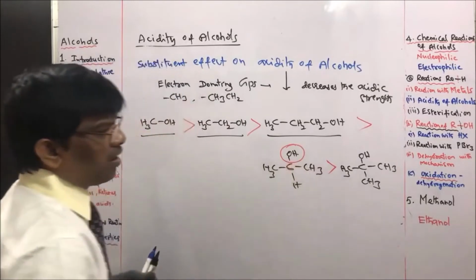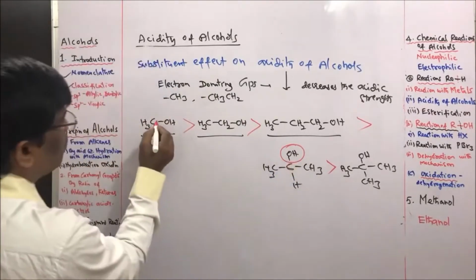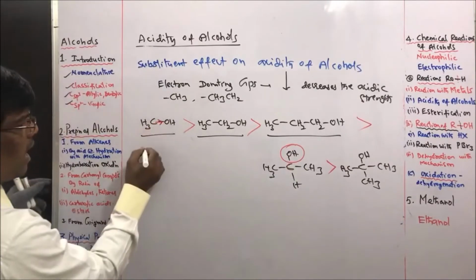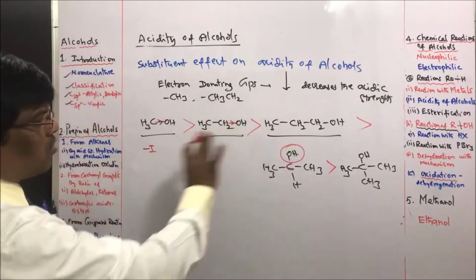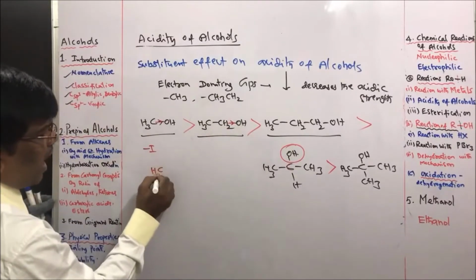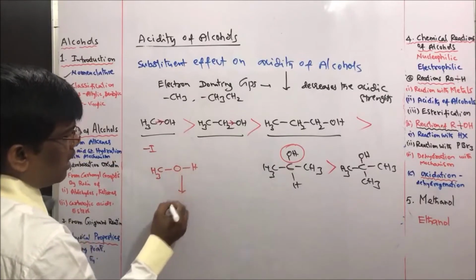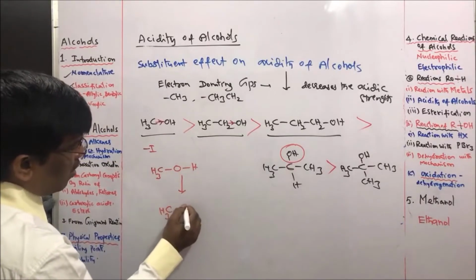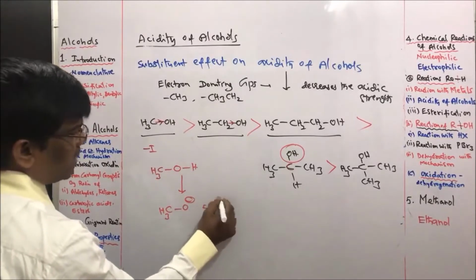If the carbon attached to the alcohol group is attached to an electron donating group, this plus I effect group is going to push electrons towards oxygen, whereas to act as an acid it should lose this proton to form CH3O minus plus H plus, isn't it?